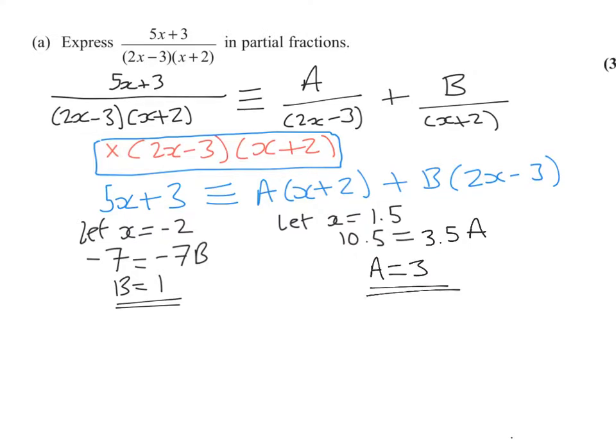So I can write it out, and hopefully I'm correct. Let's write out our answer. We've got a is 3, so it should be the same as 3 over 2x minus 3 plus 1 over x plus 2.